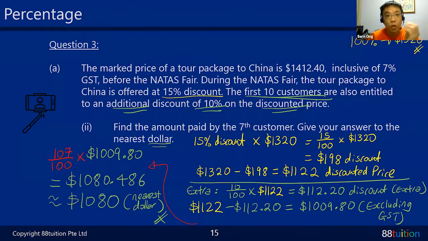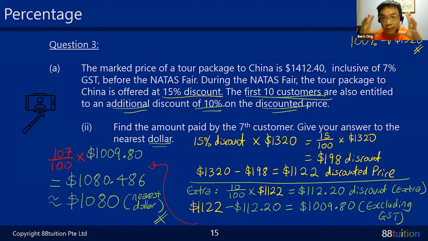Spider-Man, both answers are the same because we are working with the same percentage here. I totally understand, but the thinking procedure, what comes first and what comes next, is more important.